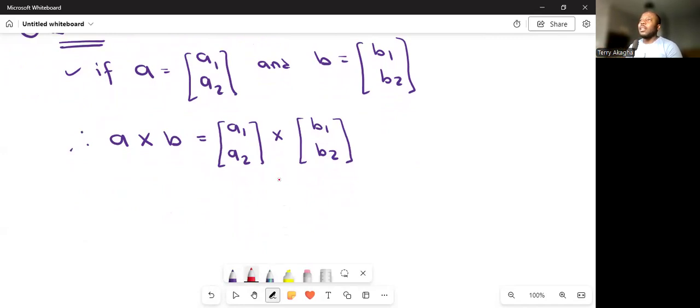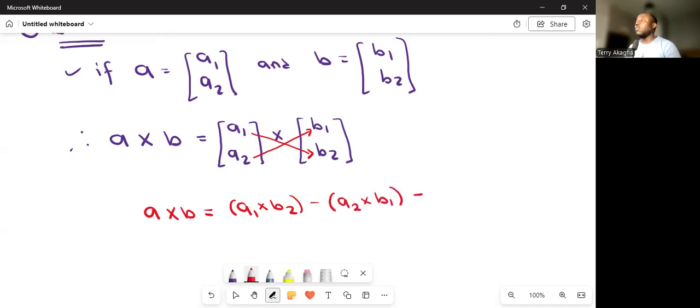So A multiplied by B is going to be equal to A1 multiplying the B2, minus A2 multiplying B1.